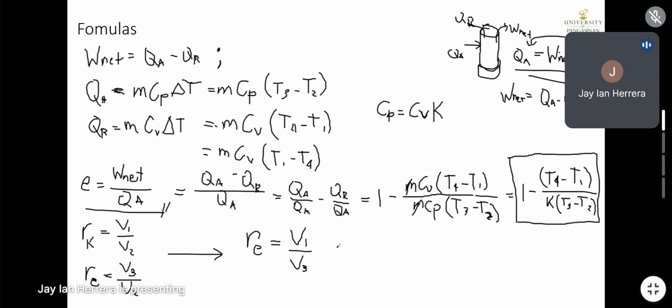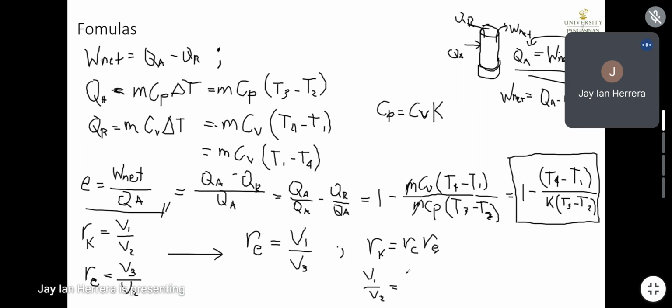And so, the relationship of those three: we have RK equivalent to RC multiplied by RE. Or technically, we can say that V1 over V2 is our RK.